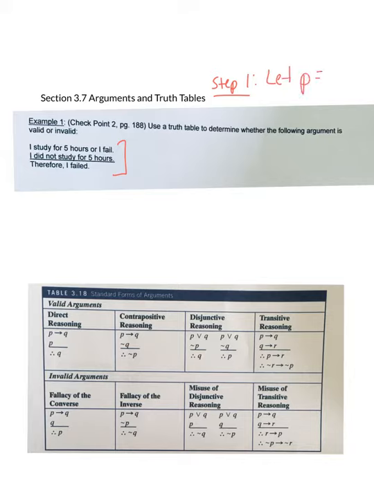So as I look through this argument, let P equal the first idea I see when I reread the three sentences, which is about I study for 5 hours. So let's let P represent the idea that I study for 5 hours. Now, if they change the verb tense on you at all, it does not matter. So if the second sentence said I studied, past tense, or I am studying, present tense, it doesn't matter.